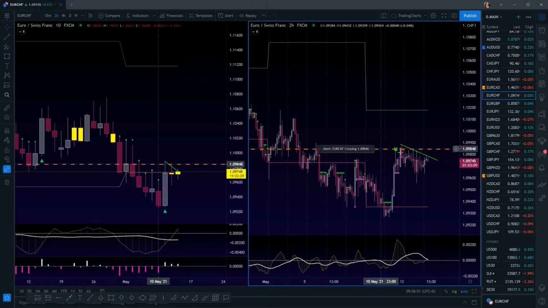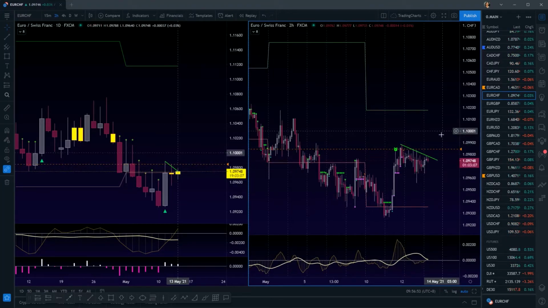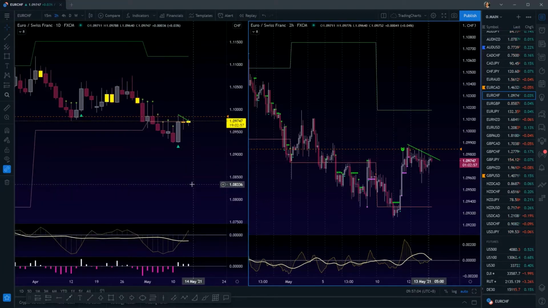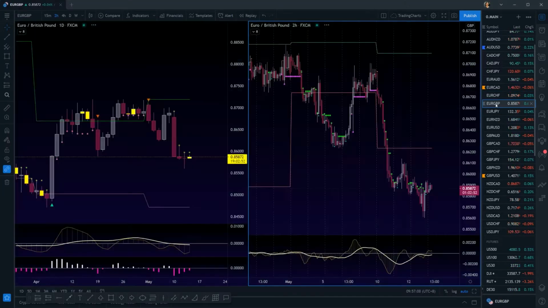With this high swing, we may see some upside, so I'm just going to set an alert here and see if we can take a bit to the upside. It's not very nice, but it might be a trade. All right, let's go next.